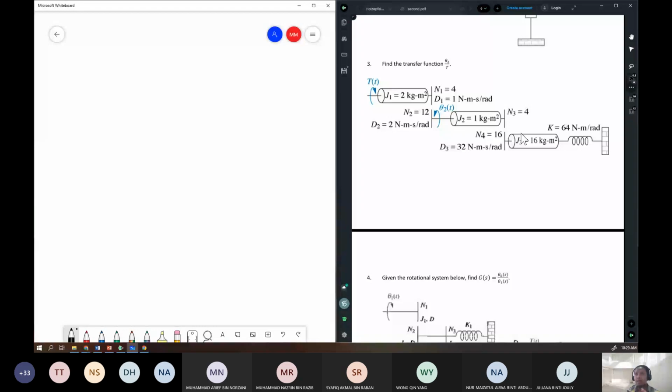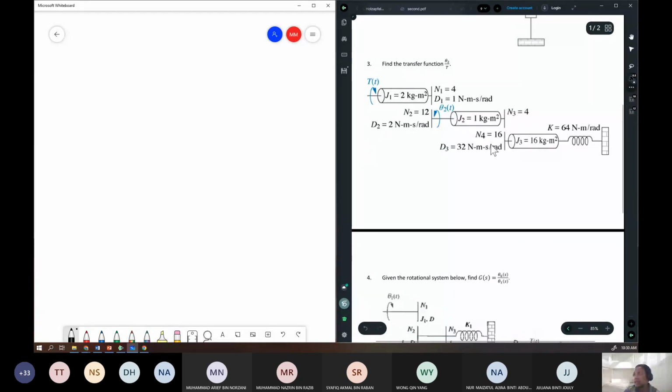Okay, so this depends on you. If you choose J1 as the destination, then you have to transfer everything to J1. If you choose J2 as the destination, then you have to transfer everything to J2. If you choose J3, then everything must transfer to J3. So it depends on your choice, okay?